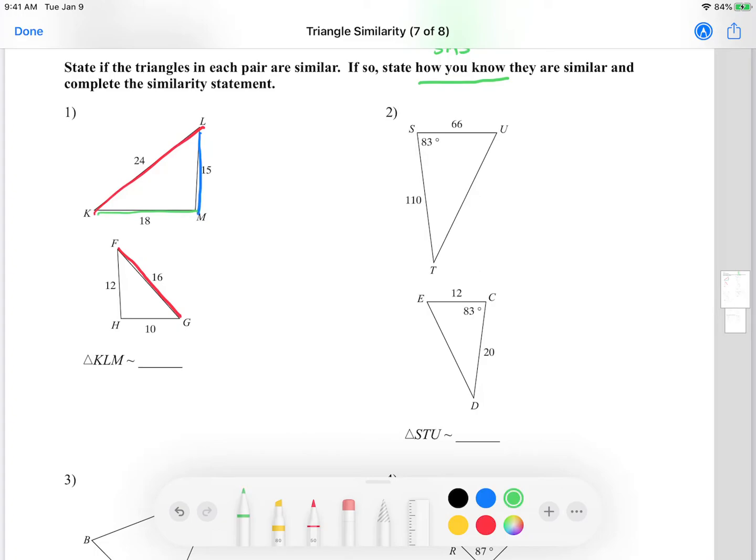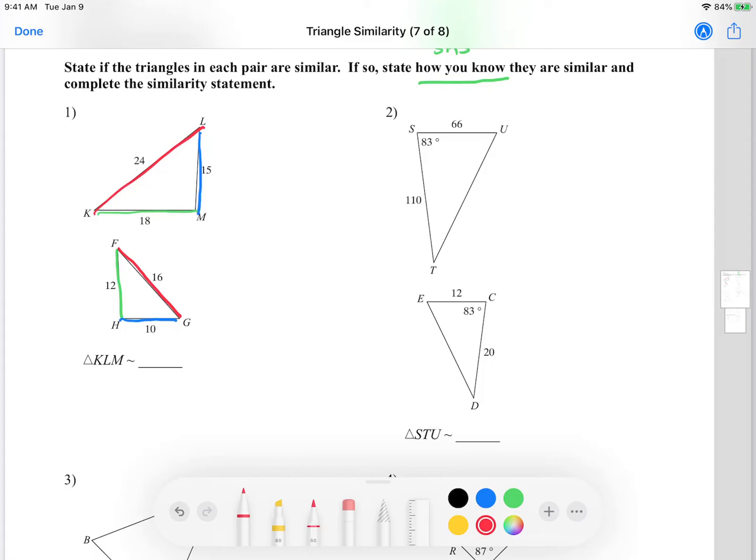18 is my middle side. Which of these two is my middle side here? 10 or 12? 12. Okay. And then 15 is my smallest side, and 10 is my smallest side. So if I'm looking at these two triangles, I want to compare those ratios.